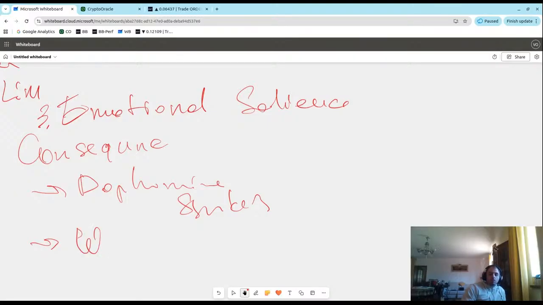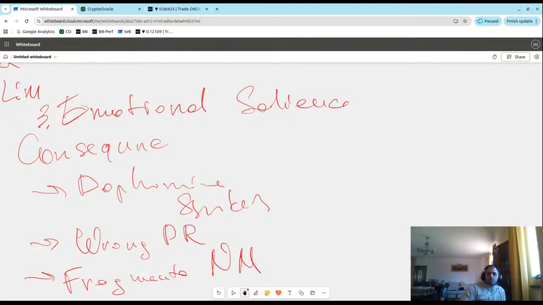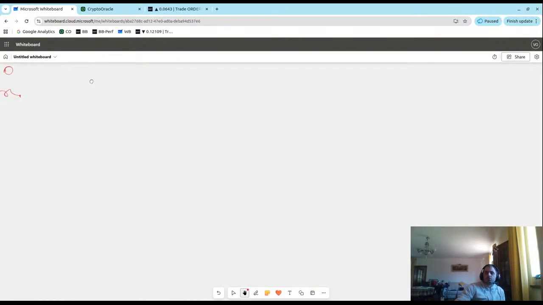And the third one is fragmented neural models, which is impossible to generalize. So fragmented neural models, no generalization. Yeah, and generalization is the thing you have to have in order to derive information out of complicated environments.